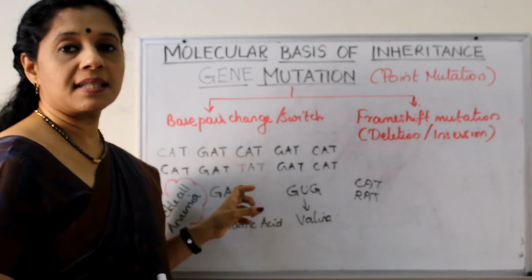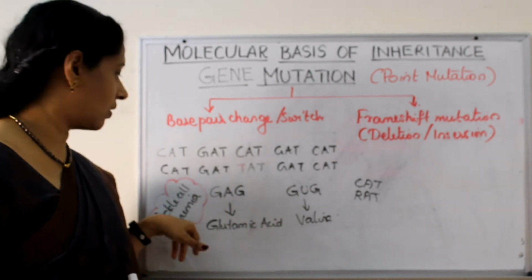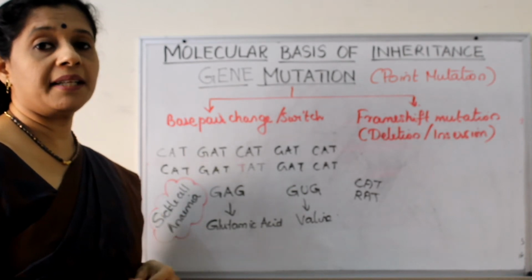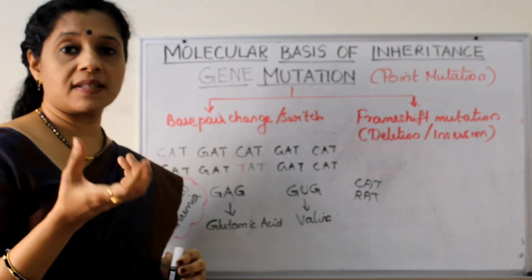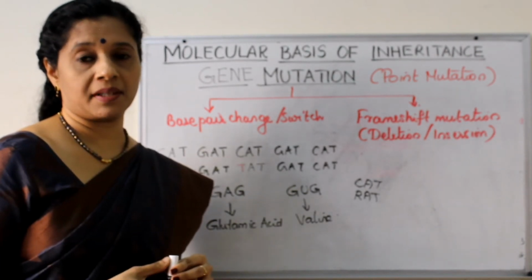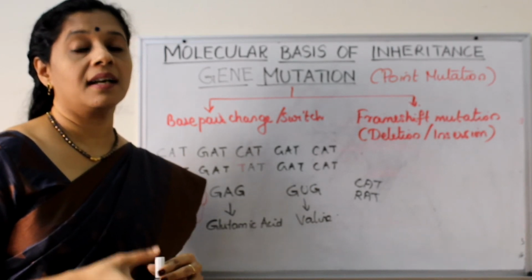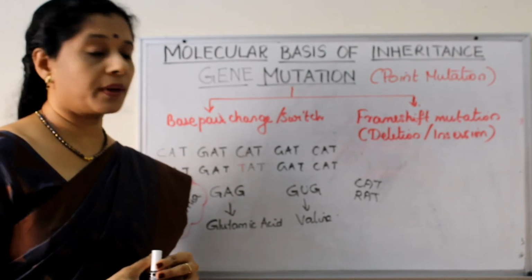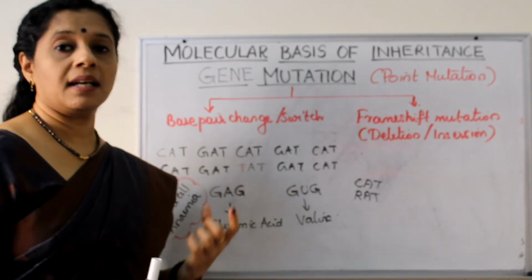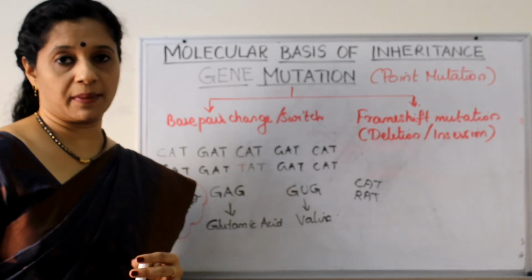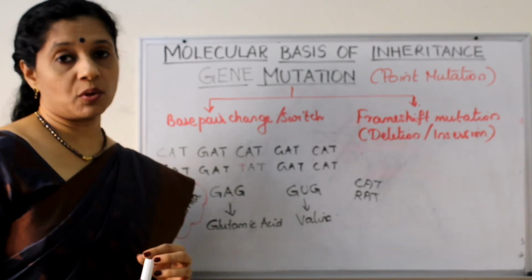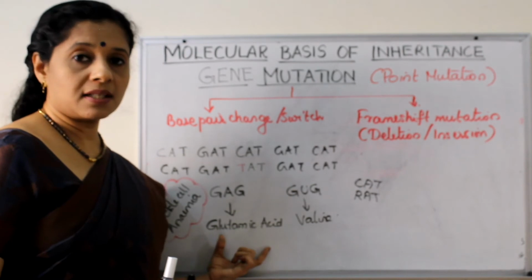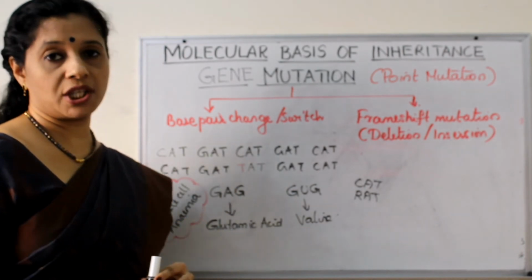This happens in a genetic disorder called sickle cell anemia. We know sickle cell anemia is a disease which changes the shape of our RBC. What is the reason for that? The hemoglobin contains alpha and beta chains. If you see the beta chain, it has a sequence of amino acids. In the sixth position, it should be glutamic acid, which is coded by GAG.